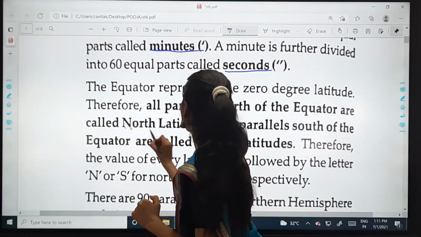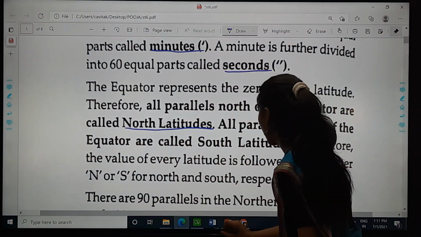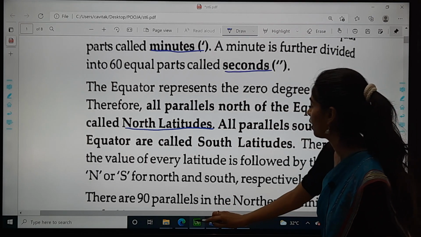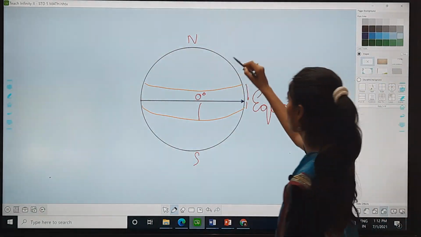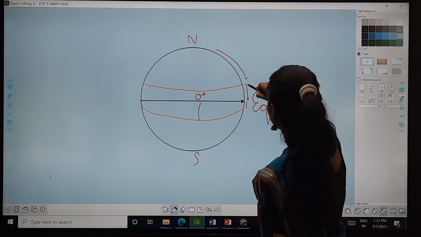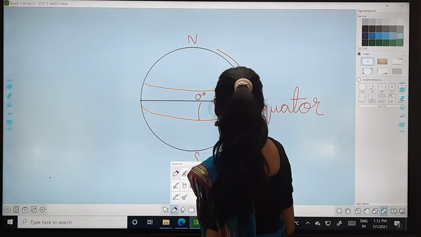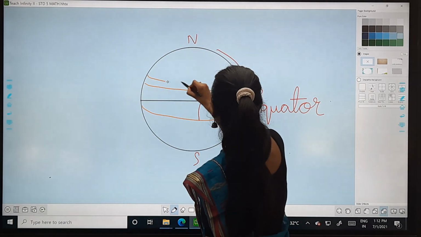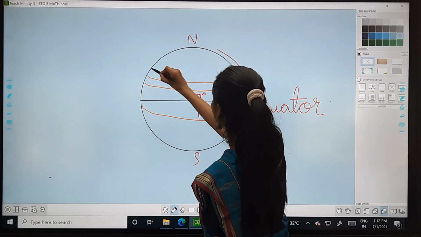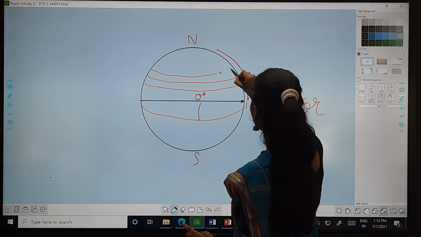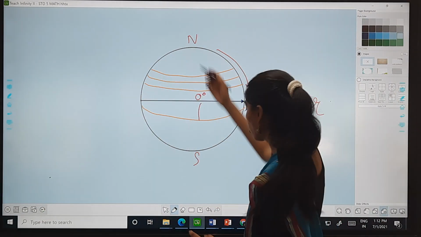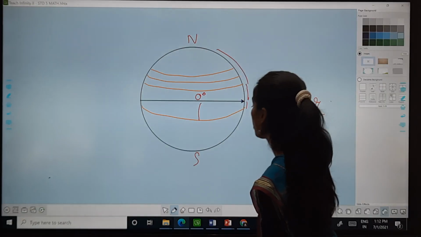Please underline this कि जो सारे parallels north side में हैं, like this and this, okay, they will be known as what?